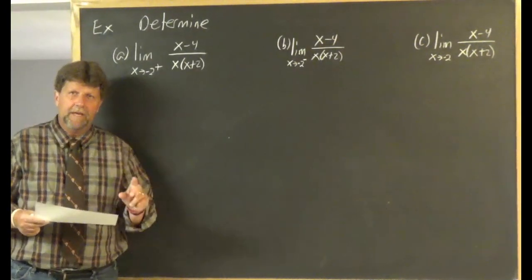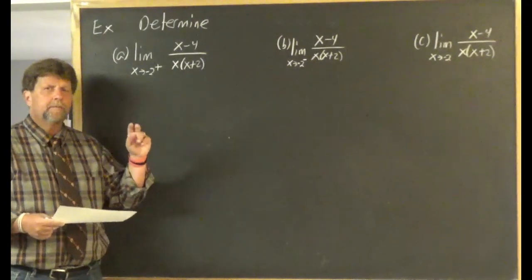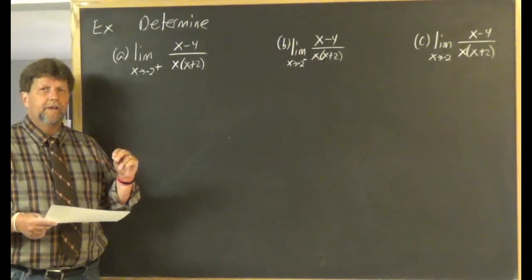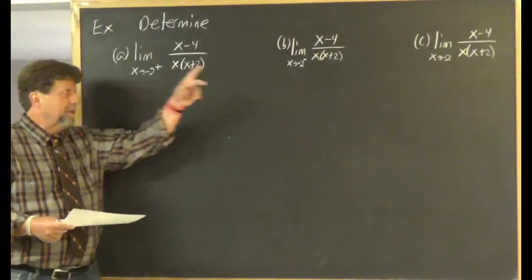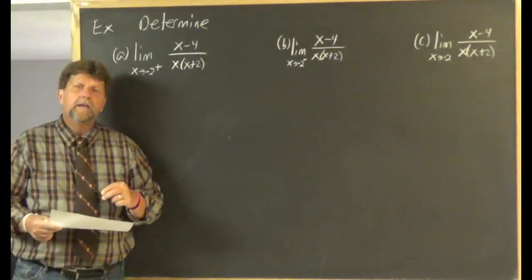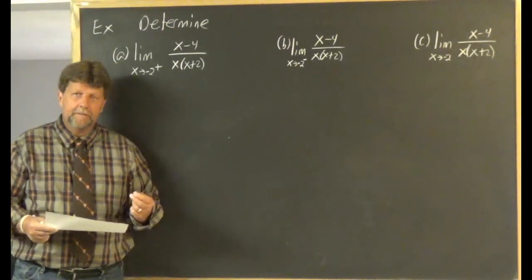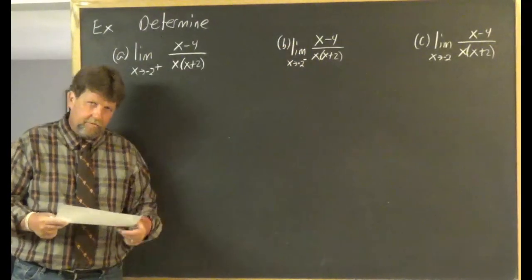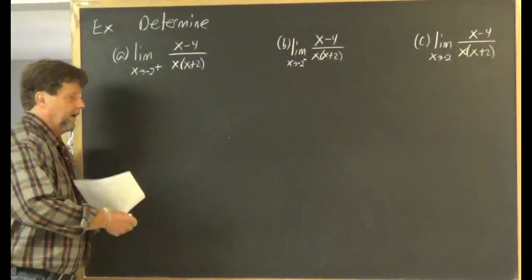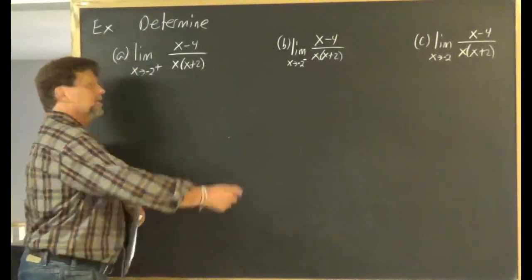That tells me that my answer for part A is one of two things, infinity or negative infinity, because I know there's a vertical asymptote. It tells me my answer for part B is either infinity or negative infinity. So let me run each one of these through that process.